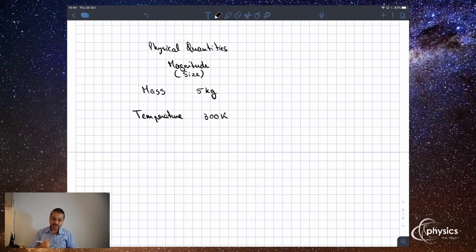But then there are other physical quantities which cannot be described by their magnitude only. For example, wind speed. If I tell you the wind speed is 20 kilometers per second, for example, all right?